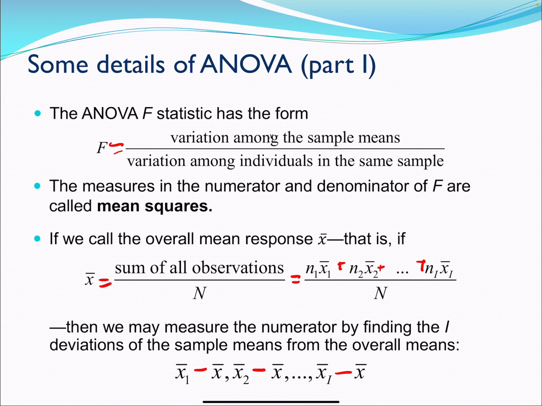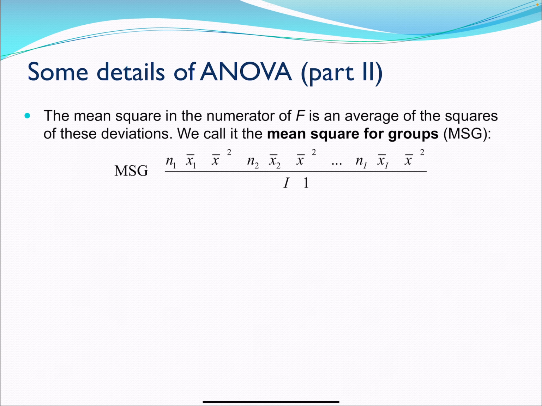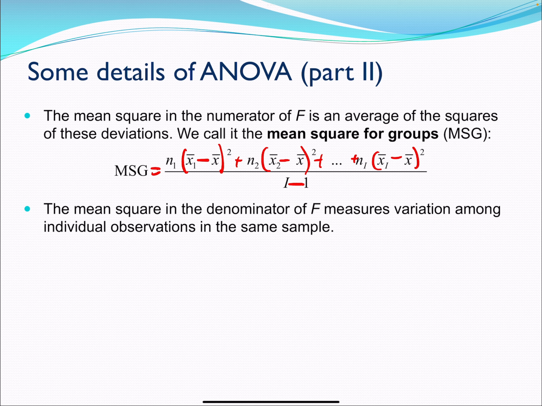Then, lots of math. So the mean square in the numerator of F is the average of the squares of these deviations. So I'm going to take n1 times x bar1 minus x bar squared plus n2 times x bar2 minus the overall mean squared, all the way on for however big my sample is, divided by I minus 1.